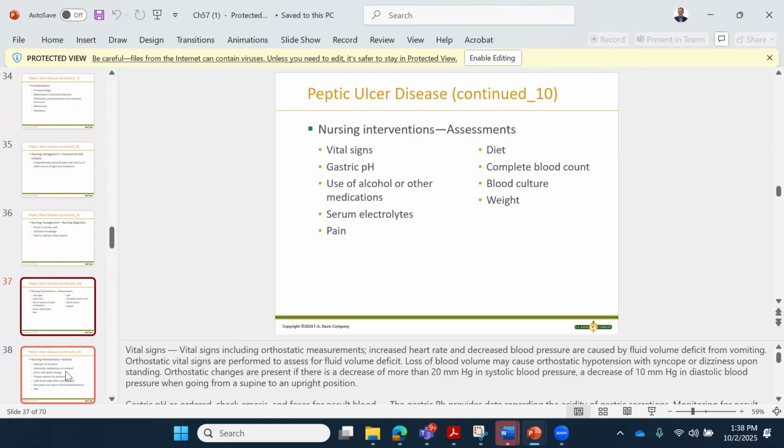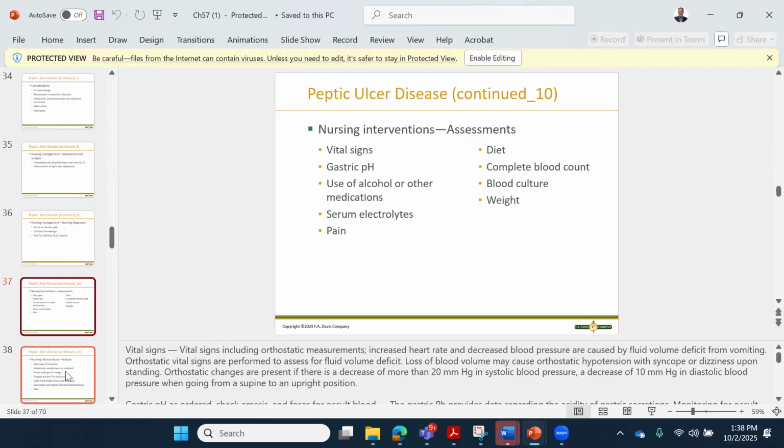You would be looking for signs and symptoms of hypovolemia, for example. Gastric pH, you expect to be low, but in the case of peptic ulcer disease, you would want the pH to be a little bit higher so that the atmosphere is not so acidic.